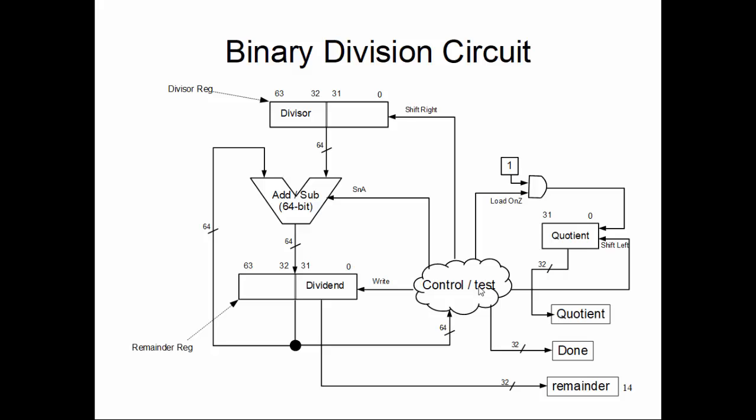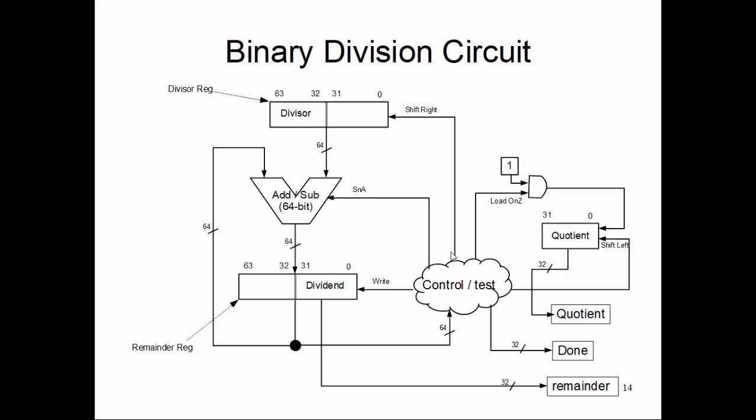So this controller will now run your entire algorithm or flowchart as we have seen in the last slide and iterate through these steps 33 times. It will control the divisor register at the appropriate time to shift right, the quotient to shift left, insert 1 or 0, load the result into the remainder register, and so on.